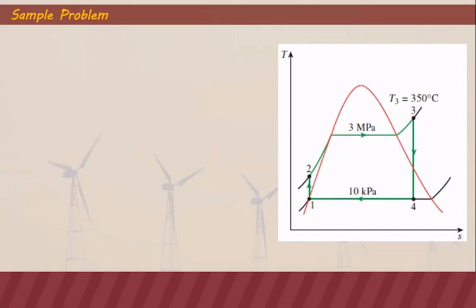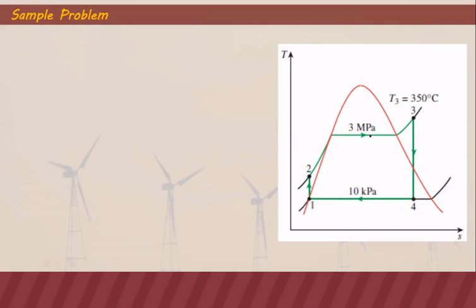Again, points 3 to 4 is the turbine, 4 to 1 we have the condenser, 1 to 2 we have the pump, and 2 to 3 is where the boiler produces heat. That's why it is at the higher temperature and pressure.